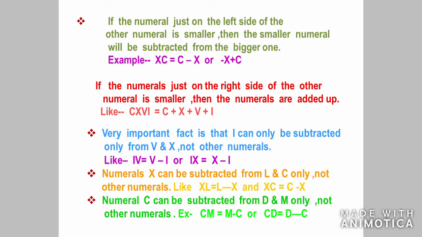Like XL is equal to L minus X and XC is equal to C minus X. Number 8. The numeral C can be subtracted from D and M only, not other numerals. CM is equal to M minus C or CD is equal to D minus C.